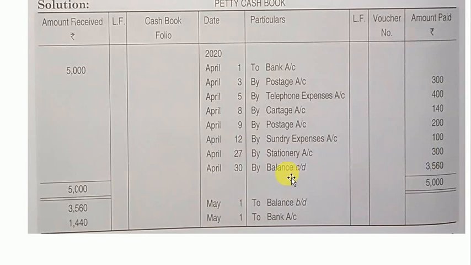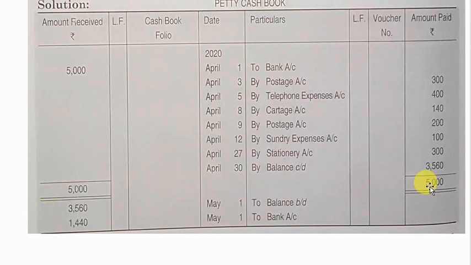So the balancing amount is 3,560 rupees in the hand of the petty cashier at the end of the month, that is on April 30. So we'll make an entry of 'By Balance Carried Down' with an amount of 3,560 rupees, and we'll close the account with 5,000 on both sides, left hand side and right hand side.